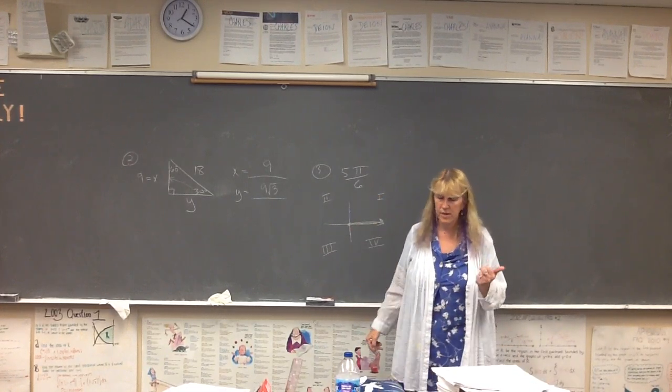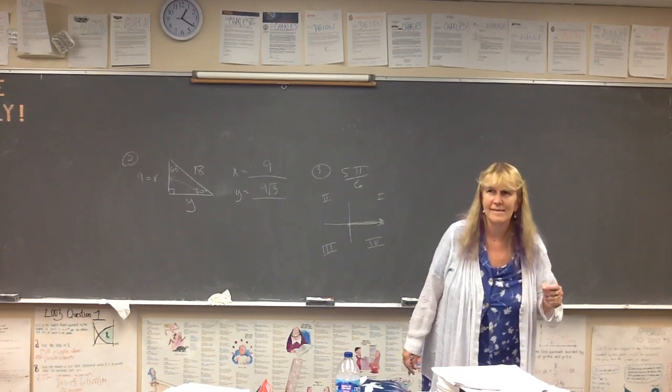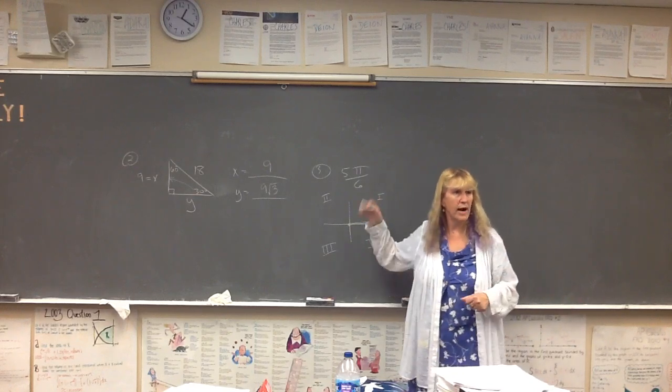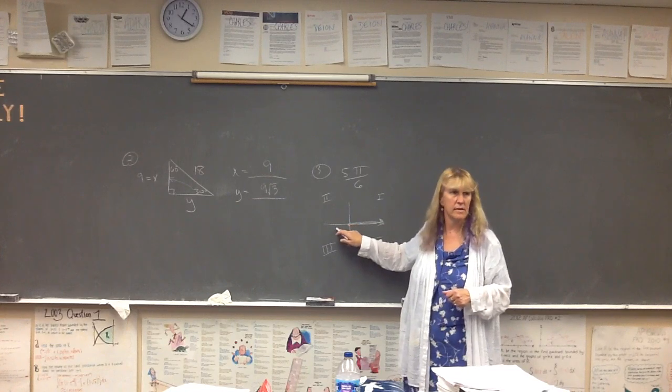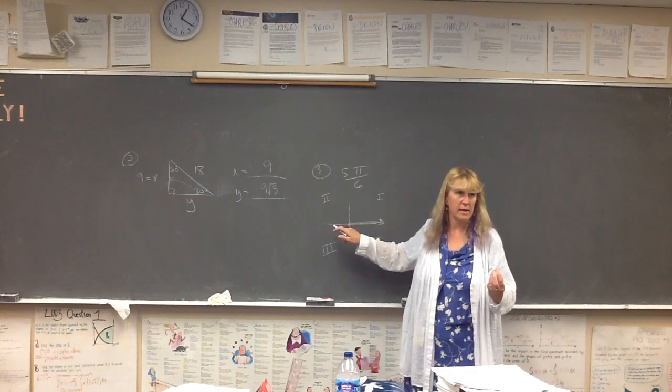Now see if you can do this with me. 5 pi over 6 is almost, say it, 6 pi over 6, which is a whole pi. So you're a little bit shy of touching this axis over here, right? How much shy are you? 30 degrees shy. You're pi over 6 shy.